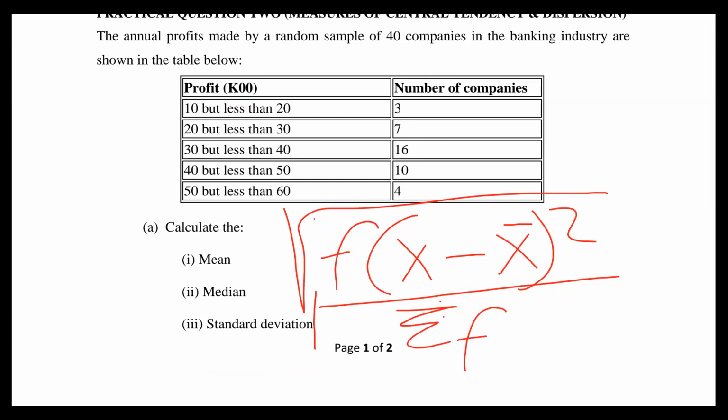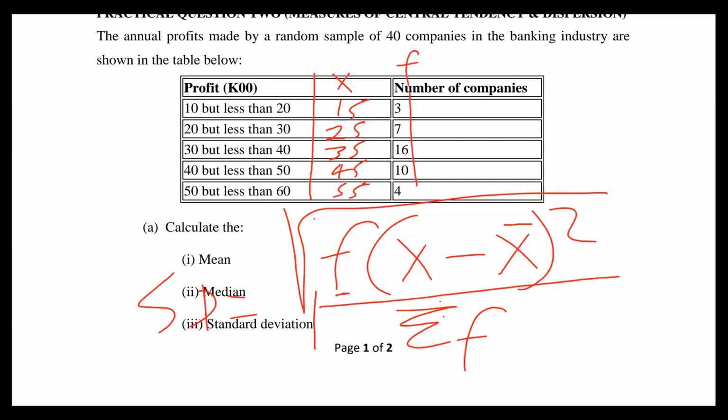That is the standard deviation of grouped data. You had found the midpoints first. These are your X values: 15, 25, 35, 45, and 55, isn't it? So these are the X values, and these are the frequencies here.